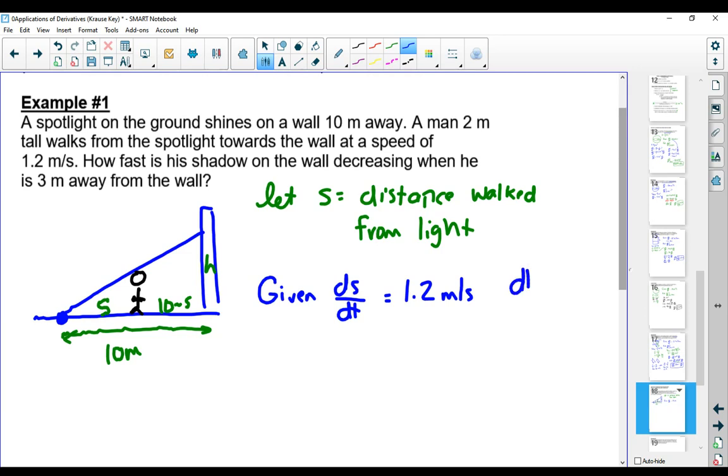And so how is the height changing with respect to time if S equals 7 meters? So we're told that he is 3 meters from the wall. But since we let S represent the distance he's walked from the spotlight, if he's 3 meters from the wall, that means he's actually walked 7 meters from the spotlight.